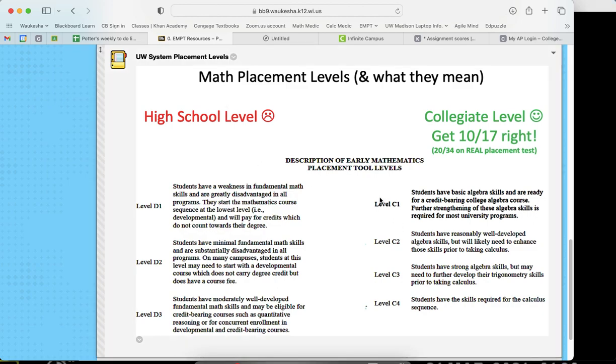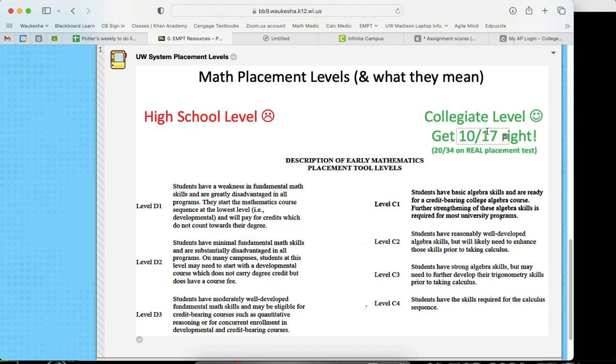So to get into a collegiate level placement, they look at the first part of the test. The EMPT is the practice test that we've been taking here at school, and it's a 40-question test.